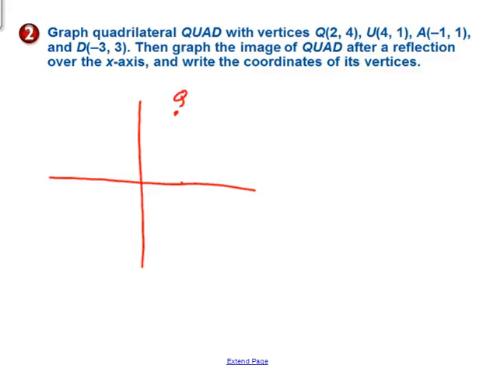I've got U at 4 and 1. I've got A, which is at negative 1, 1. And then I've got D, which is at negative 3 and 3.